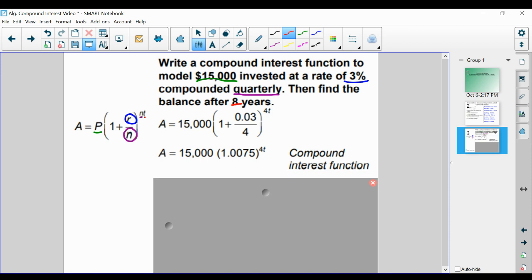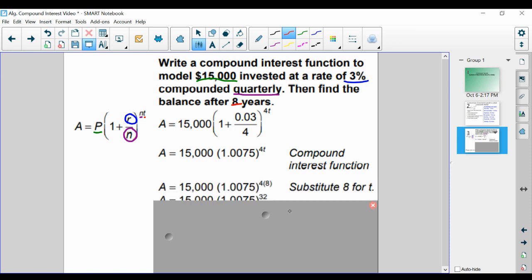This is going to be our overall function because we don't know for how long just yet. Technically the problem says after 8 years, but first we wanted to write the compound function and then find the balance after 8 years. So our function is 15,000 times 1.0075 raised to the 4t power. Now we know that 8 is our value of t.